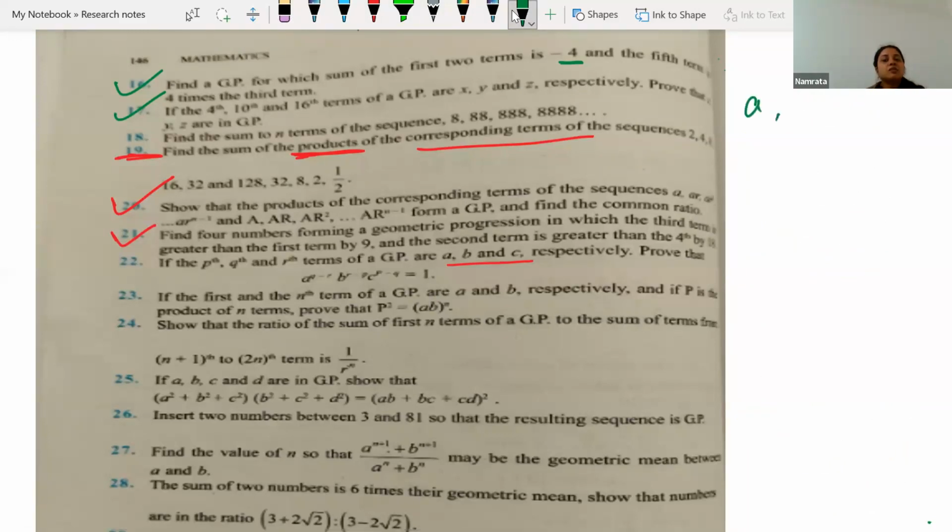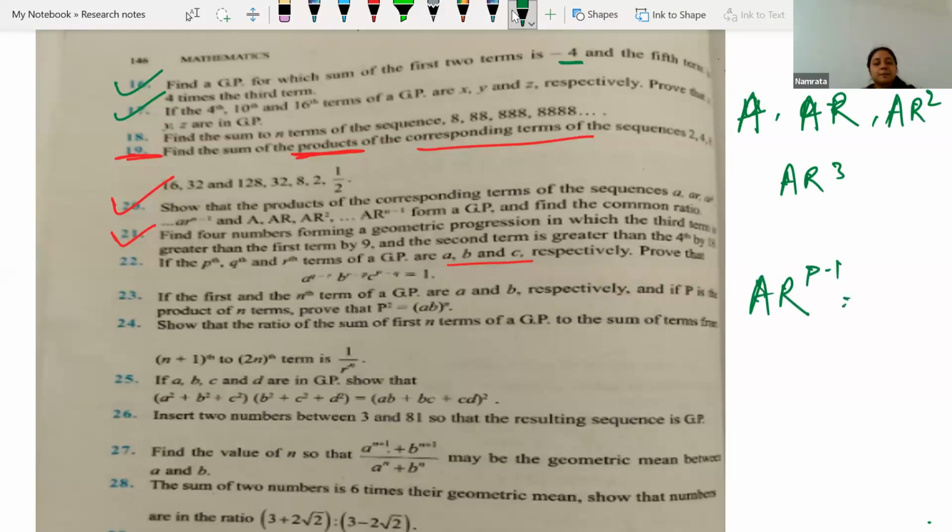First term is a, the second term, instead of taking aR with small r, I am taking capital R. Here aR square, here aR cube. How many terms do we have to take? The pth term, qth term, rth term. So the pth term will be, the nth term is aR to the power n minus 1. So for the pth term, can I write aR to the power p minus 1?